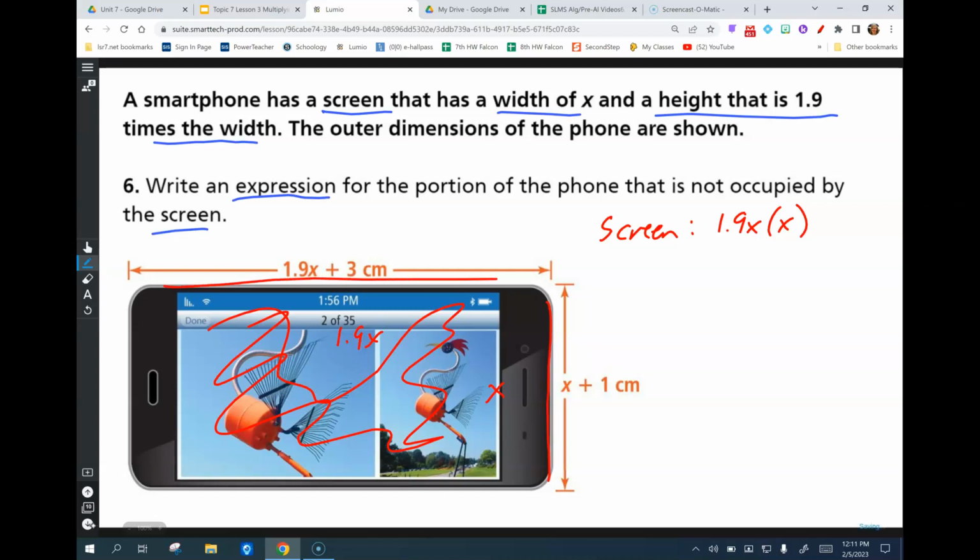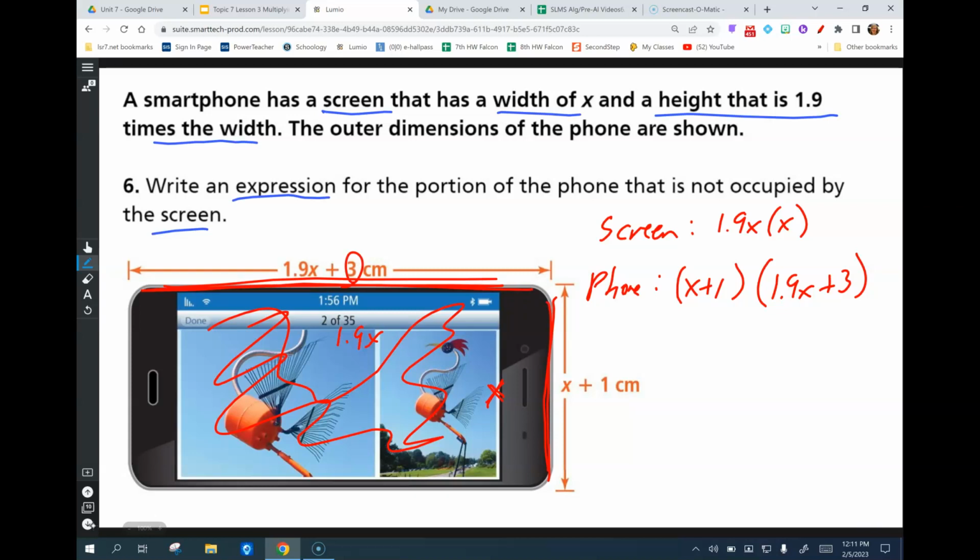So if I want to find the total phone, then that would be x plus 1, there's my width, times my height of 1.9x plus 3. Okay, so in other words, the width out here is 1 more than the width in here, and the height out here on the outside of the phone is 3 more. That's all they did. Okay, so they added that on.